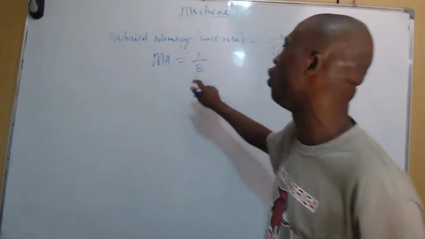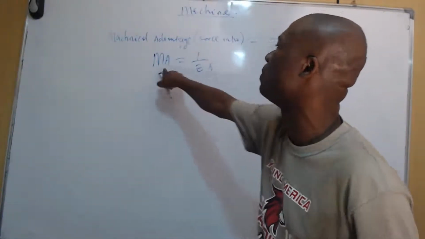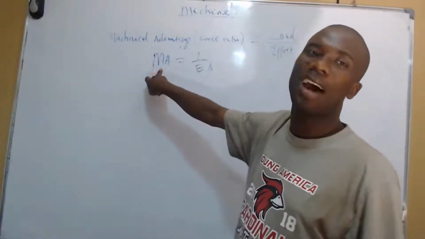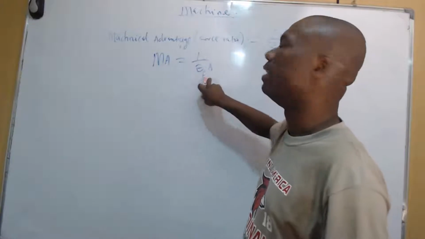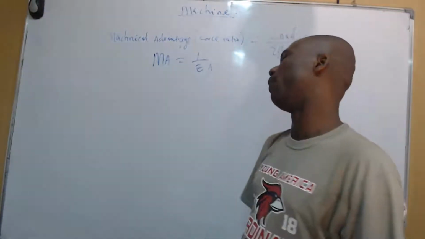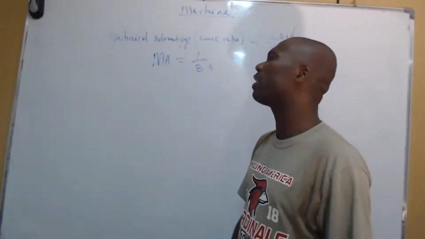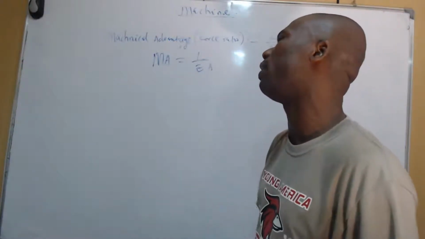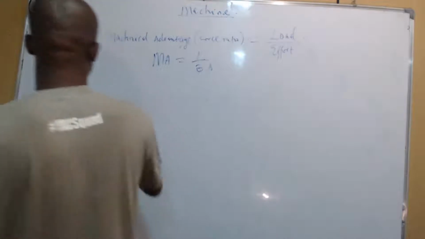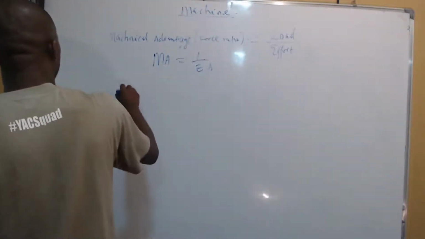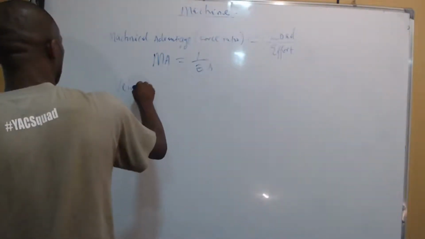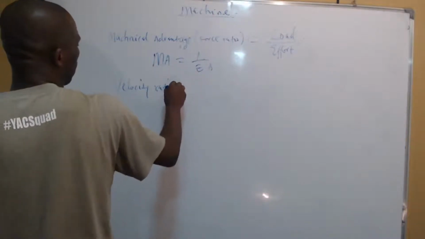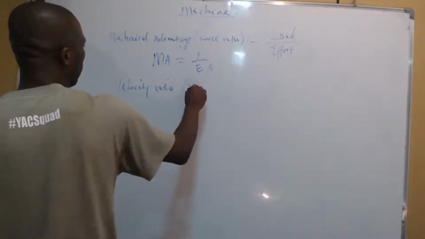So if the effort is high, the mechanical advantage will be low, and if the mechanical advantage is high, the effort will be low. Now, let us talk about another thing. We have what we call the velocity ratio of a machine, which is known as VR.